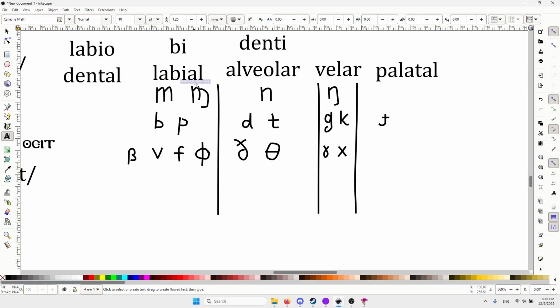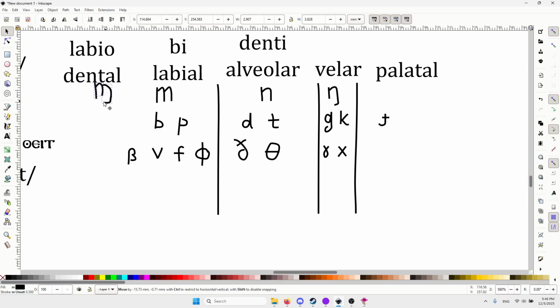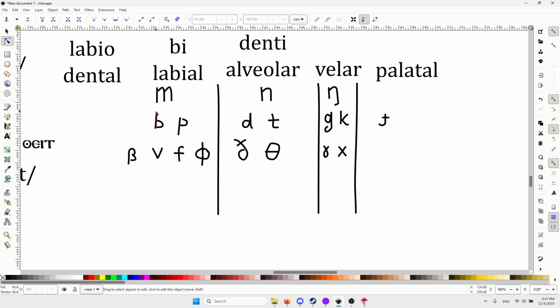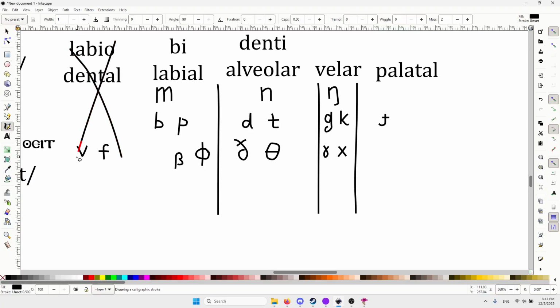So for the labial dental, we have this ma, ma, ma, ma, which isn't in Gothic or really many languages at all. And we have fa and va. Fa and va are both labial dental, but they're not in Gothic, so we can just ignore labial dental. Gothic doesn't have it.